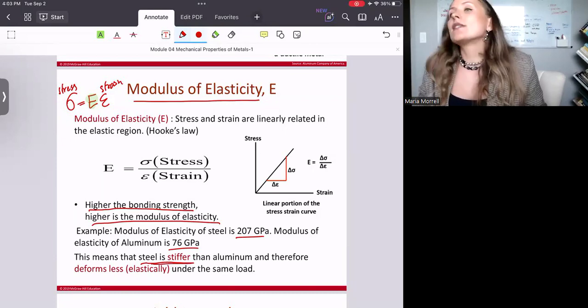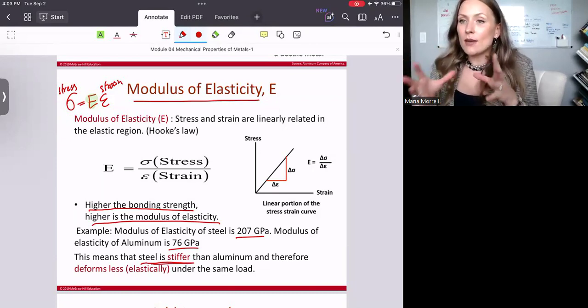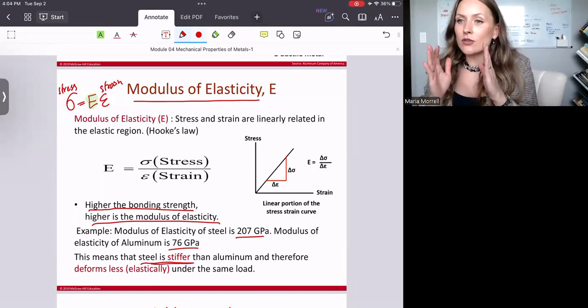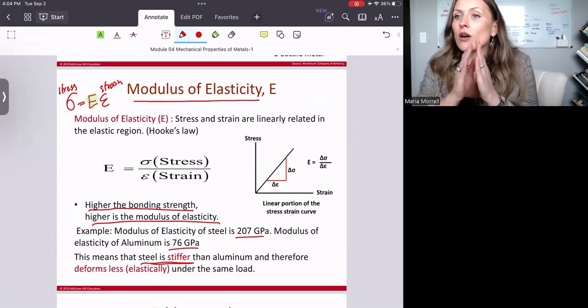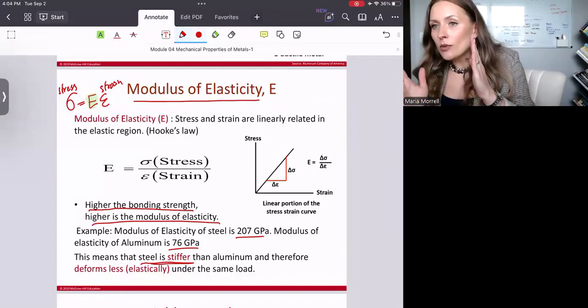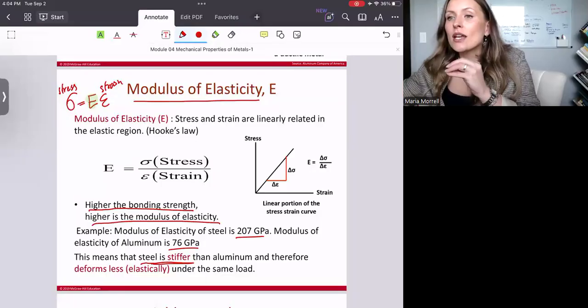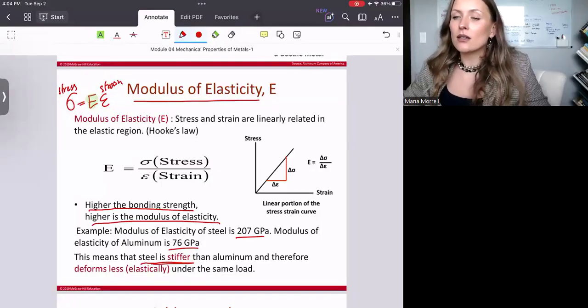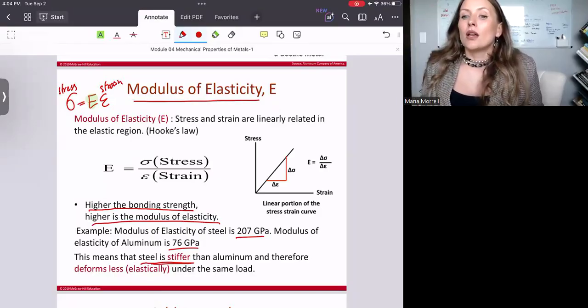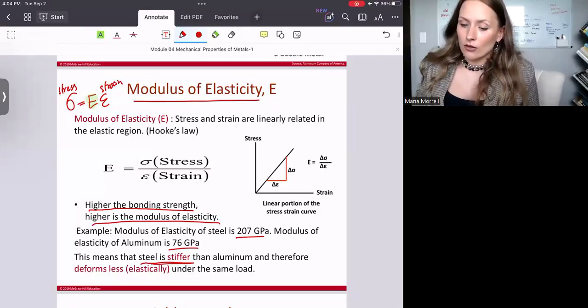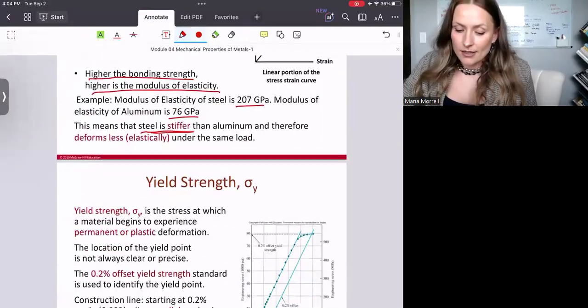That means that if I take both and start applying the same amount of tensile load, then steel will not deform while the aluminum will already start stretching and eventually permanently deforming, and it will actually fracture a lot earlier than the steel. Okay, so hopefully that makes sense.